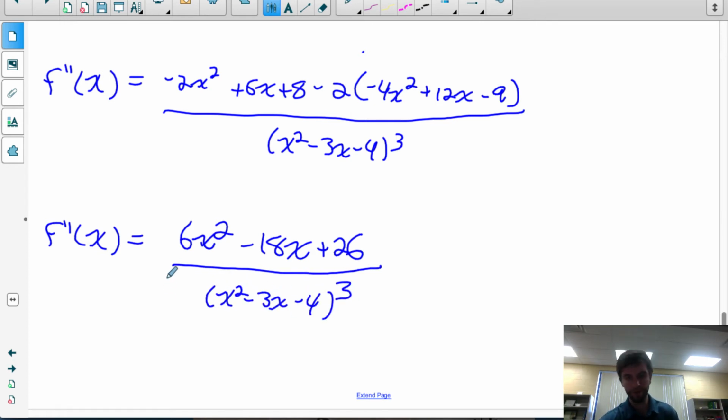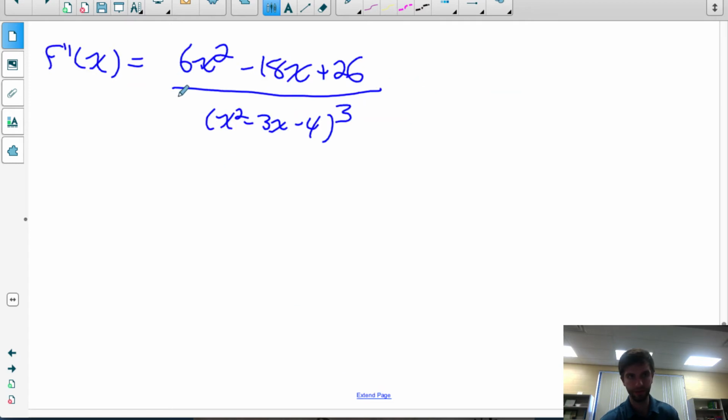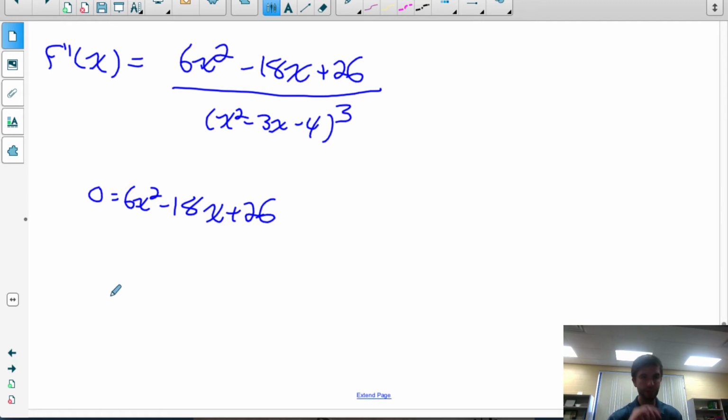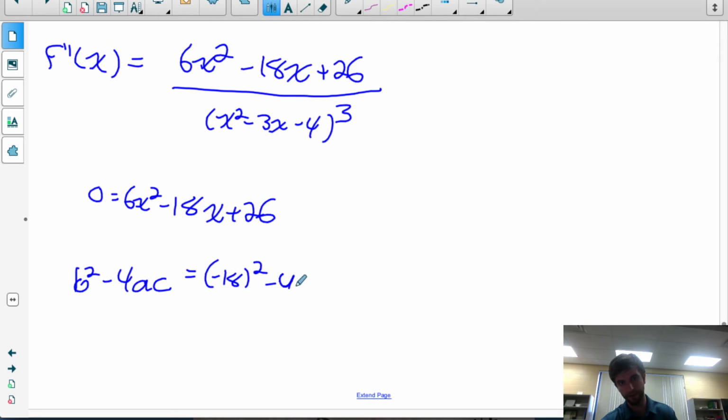Okay, a possible point of inflection is a point that is going to make this either 0 or undefined. So how could this be 0? Well, if the numerator was 0, it would make it 0. What I have here is a quadratic. If I want to know if a quadratic could be equal to 0, I could just check the discriminant. So let's check b squared minus 4ac: negative 18 squared minus 4 times 6 times 26.